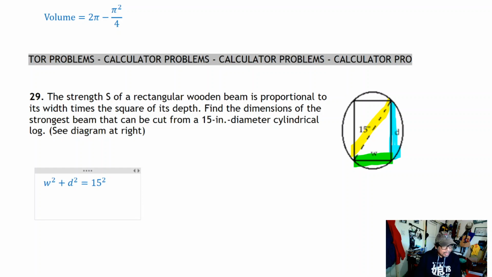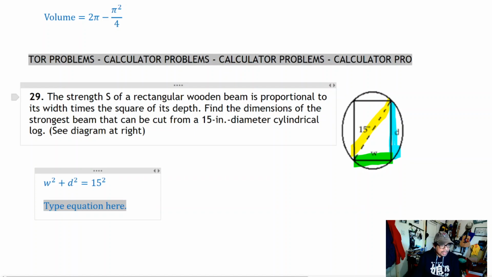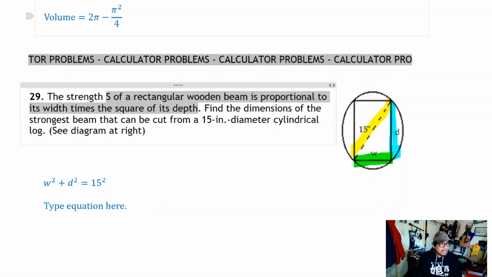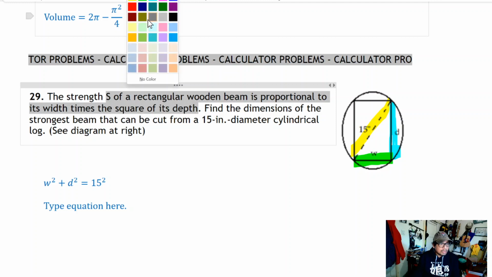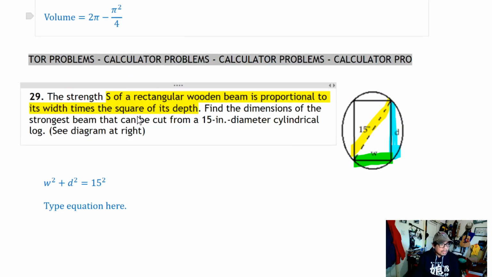And then the other formula that we're probably going to need is this one right here. The strength is proportional to the width times the square of its depth.